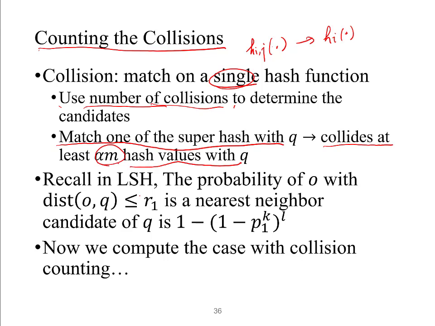Here m is the total number of hash values, the number of hash functions, and alpha is less than 1. So basically, we want them to collide on at least a fraction of the total number of hash values with the query, so it becomes a candidate.